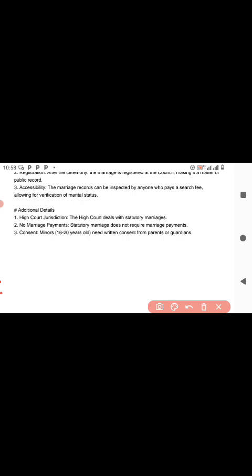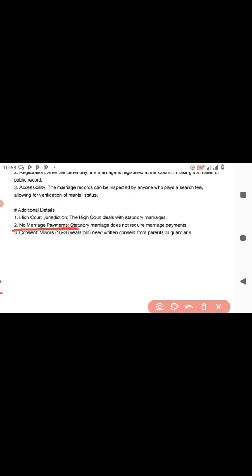So you find that you also still pay some amount of money, and then also have a marriage certificate. So in this statutory marriage, it's out of your own free will to pay something, but the law will not require you to pay something like 20,000, 50,000. It is not really required. There are no marriage payments.